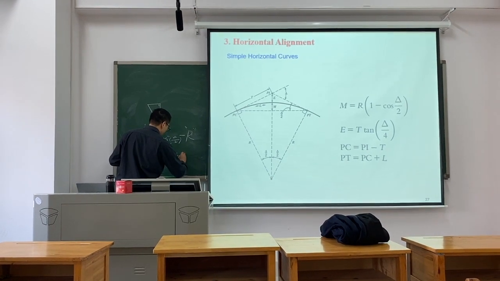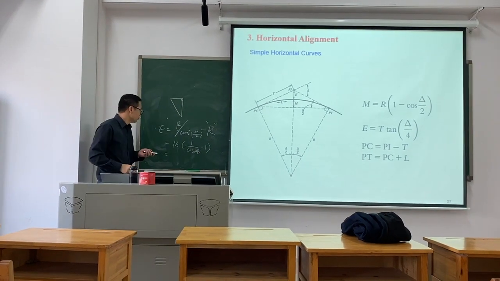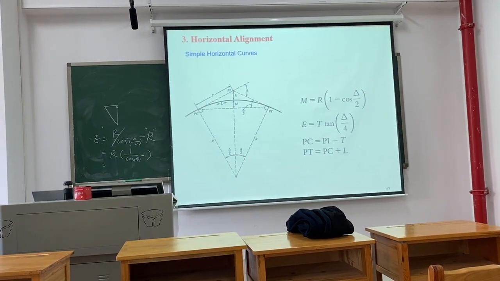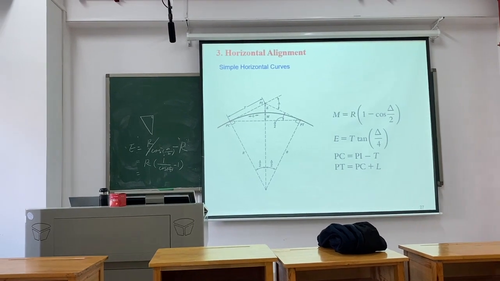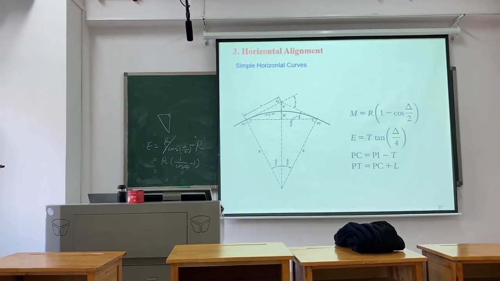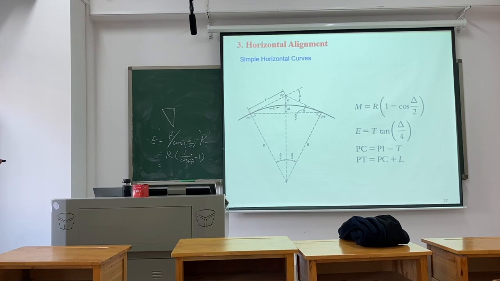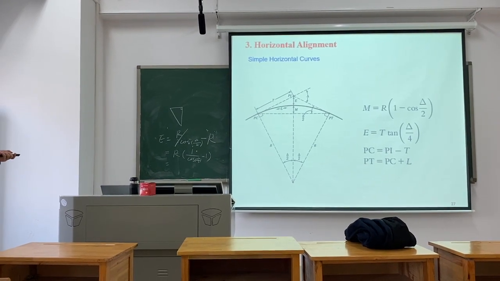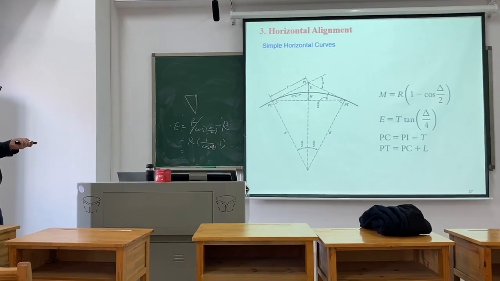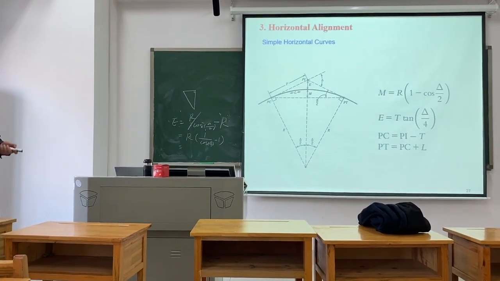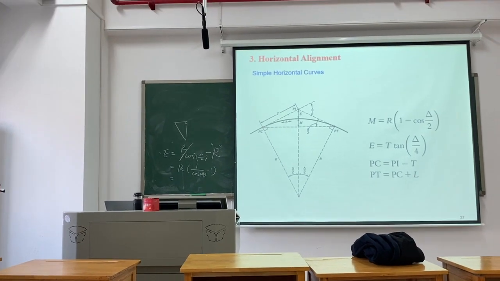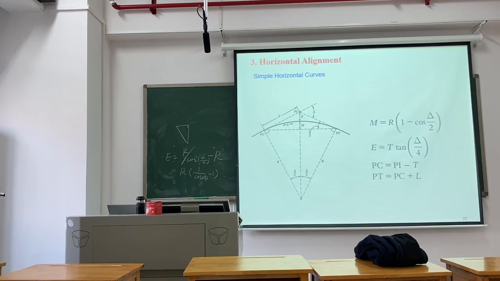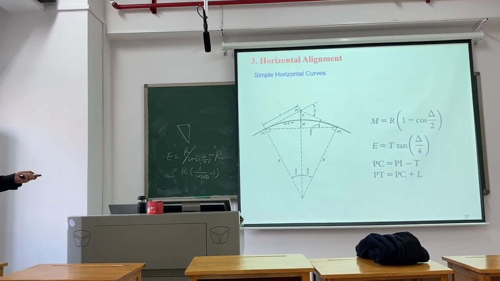Which one is R again? Why do we get that R? Yes or no? Let's take our time. Where does the minus R come from?